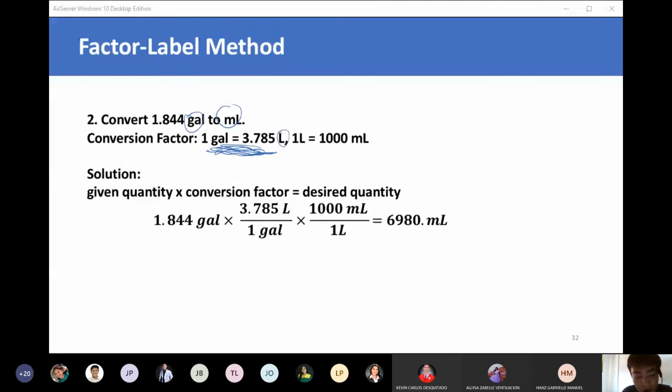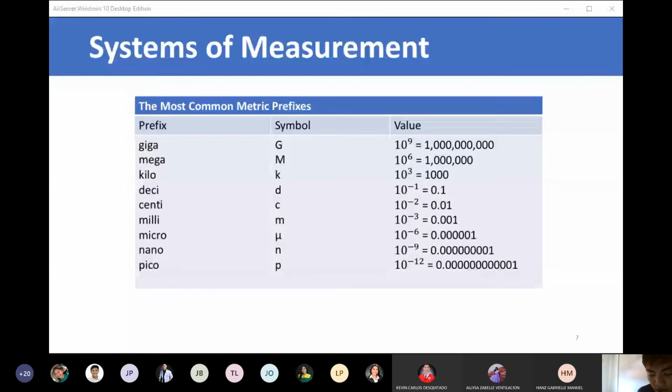But if you want ml, we can use the powers of tens, no? The Greek prefixes, no? If you have 1,000 milliliters, you will have 1 liter. No? You can use your Greek prefixes for reference. You can use this table for your reference.